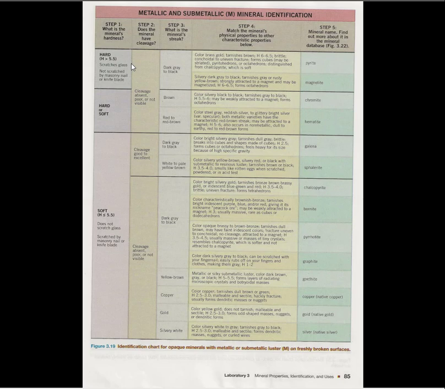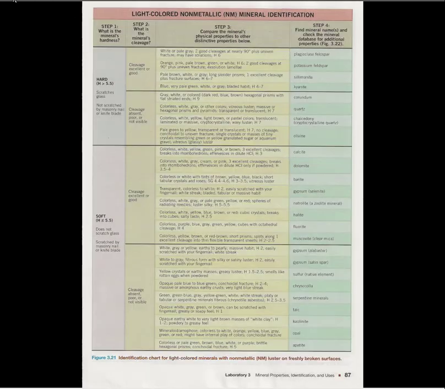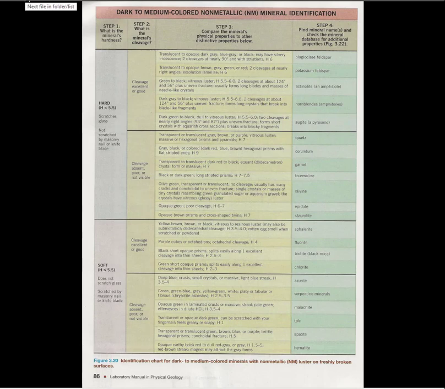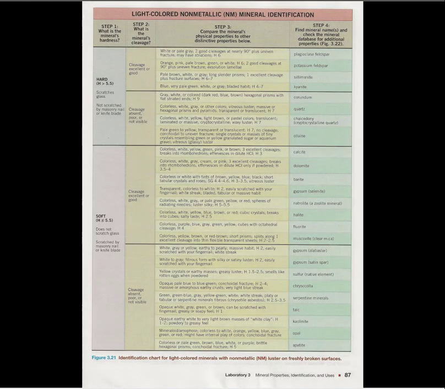Most of the minerals that you're going to be dealing with are going to be either light or dark colored non-metallic. And what I don't want you to do is confuse shiny or sparkly with metallic. There's a lot of minerals like quartz, for example, that are shiny, but not metallic.